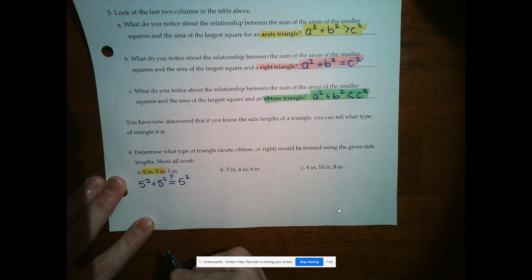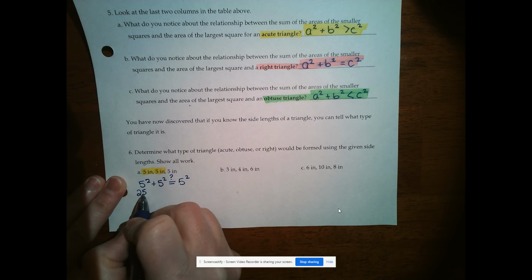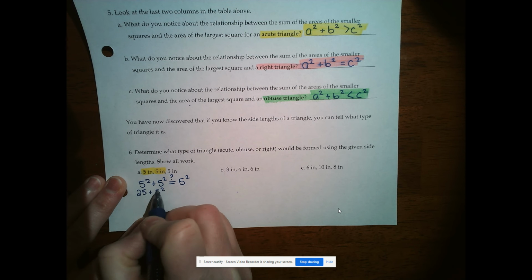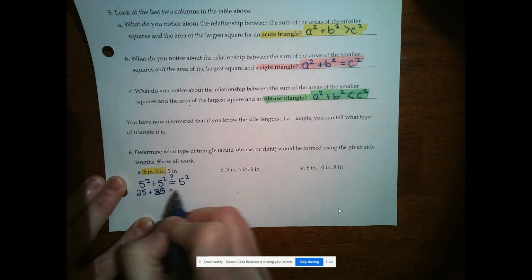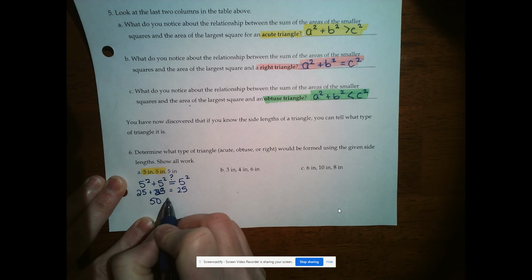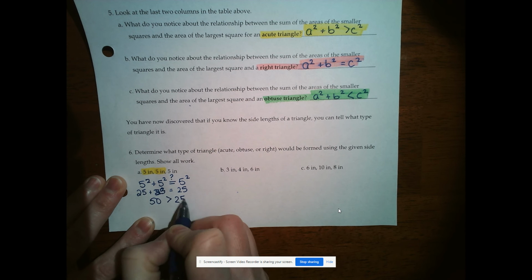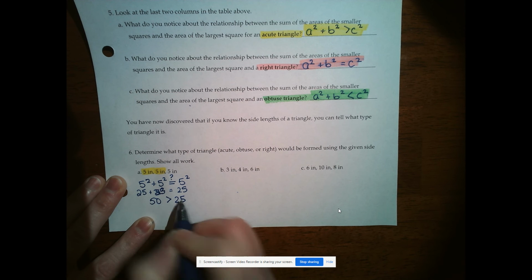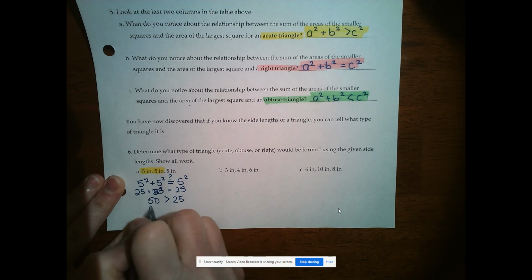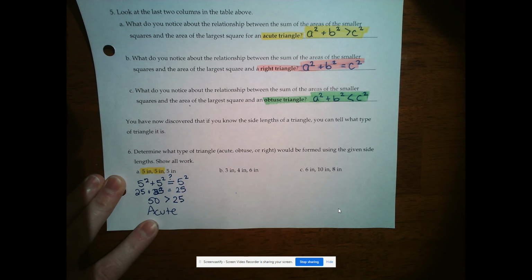I'm going to guess not, because 5 squared is 25. Plus 5 squared is another 25 equals 25. Well, that doesn't make any sense. 50 is definitely greater than 25. And when a squared plus b squared was greater than c squared, that told us it was acute.